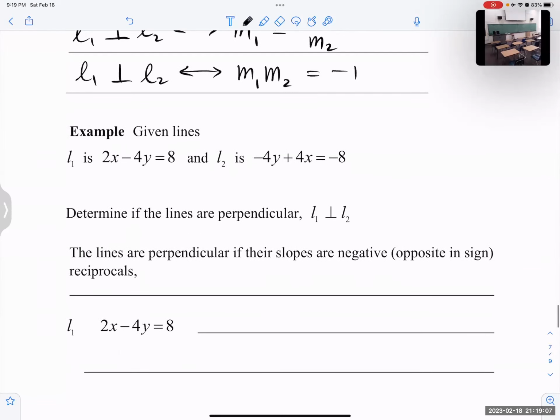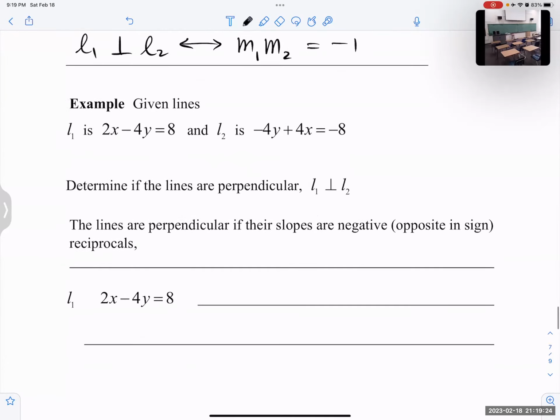And the strategy is to solve for y, get y equals mx plus b form, so we can determine the slope, compare the slopes, and then conclude either perpendicularity or not. So the first line, if we solve for y, we have negative 4y is equal to negative 2x plus 8.